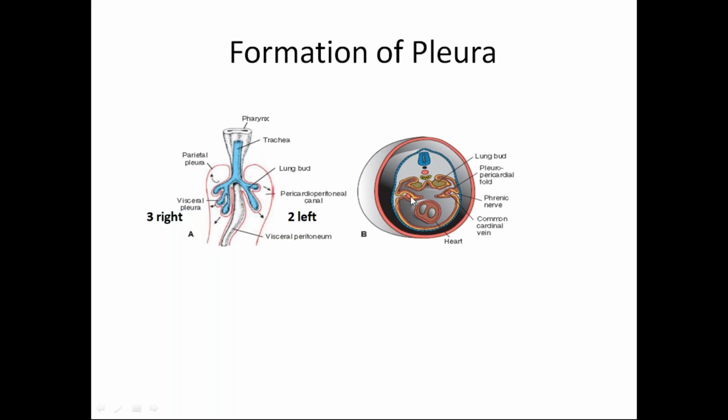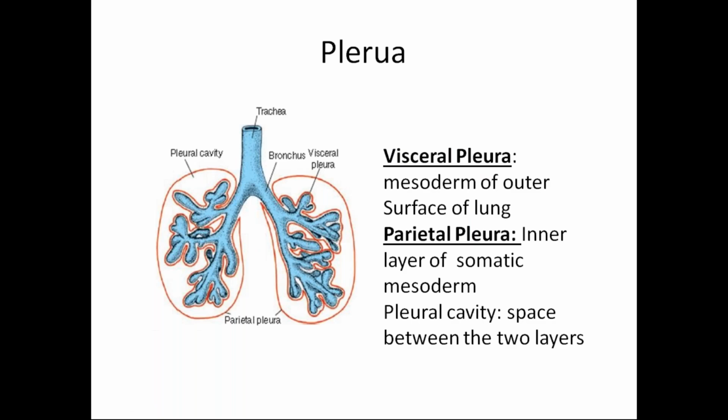Phrenic nerve coming from the neck, C3, 4, 5, supplying the diaphragm. So visceral pleura is the mesoderm of the outer surface of the lung, parietal pleura is from the inner layer of somatic mesoderm, and the space between them forms the pleural cavity.